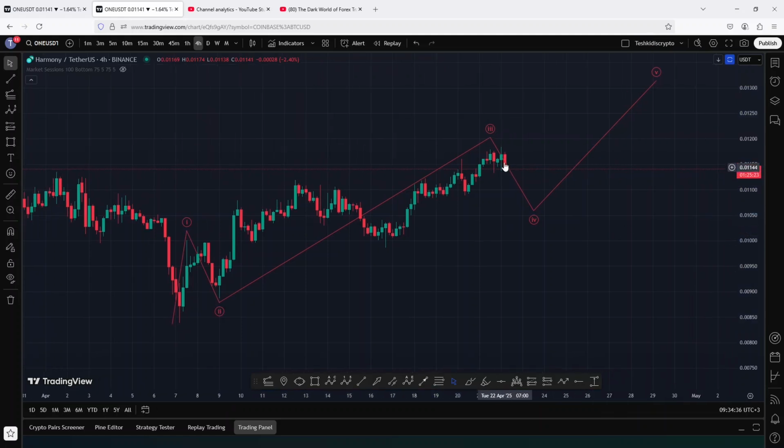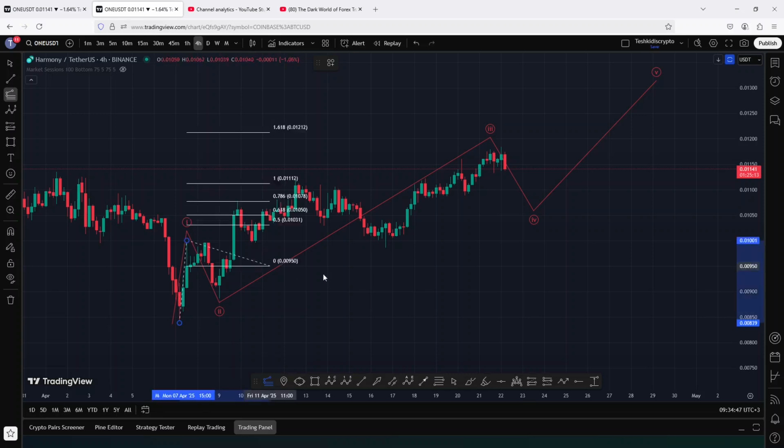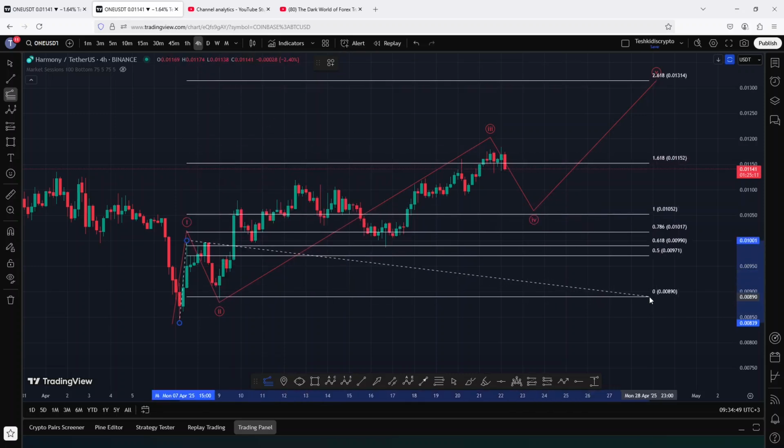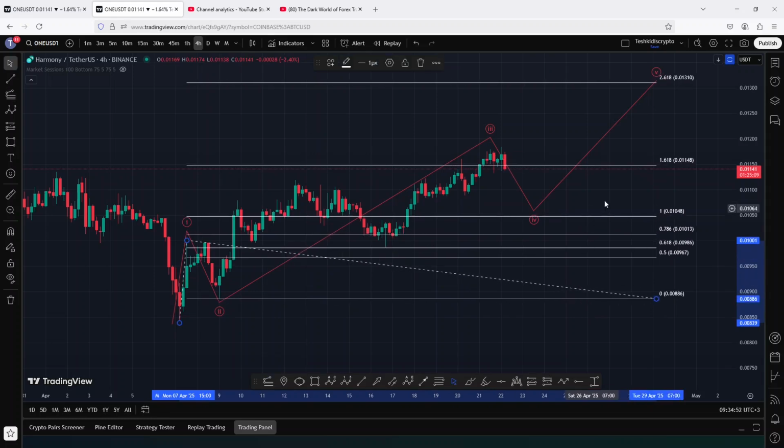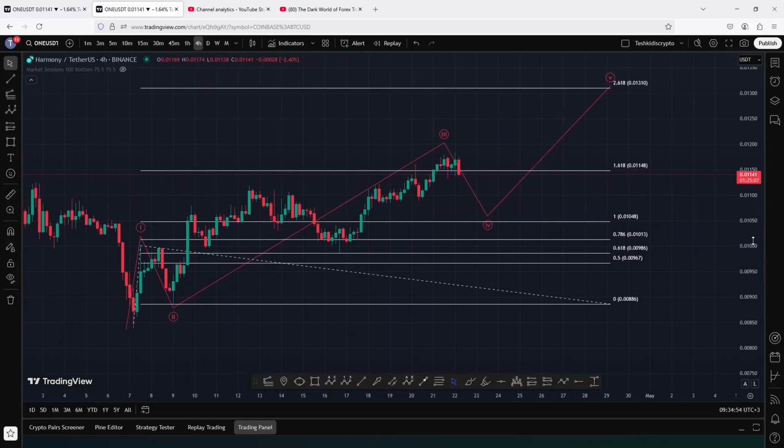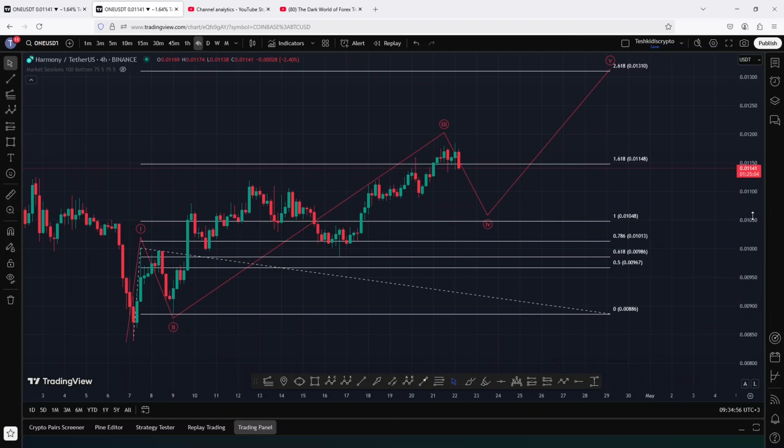To show you that the wave 3 over here has done the minimums, I will be connecting the fib extension from the low of the first wave to the high of that wave 1, then connecting the Fibonacci's to the low of the second wave. You can see that my first target area for the wave 3 was fully hit above the fib level 1.618, and that lies above the 0.01148 as our minimum target area.